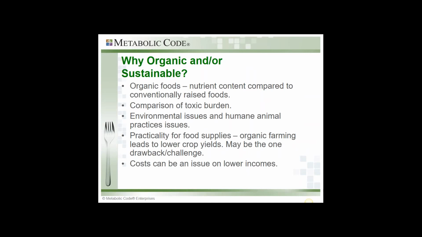Oh, and as another side thing, we also encourage people to eat organic and/or sustainably raised foods for a reason, because this toxic burden can affect people over time and can contribute to insulin resistance and suboptimal thyroid activity in the body.